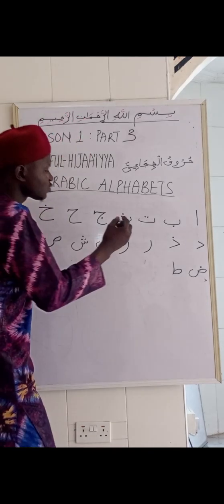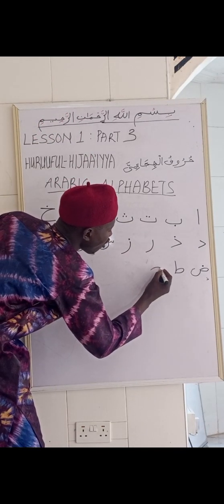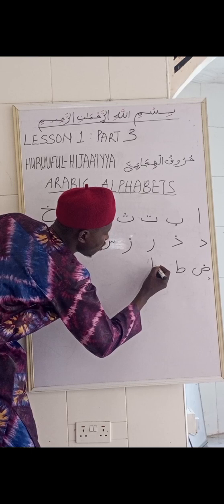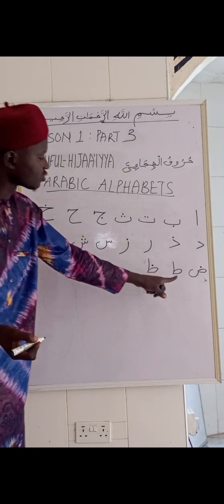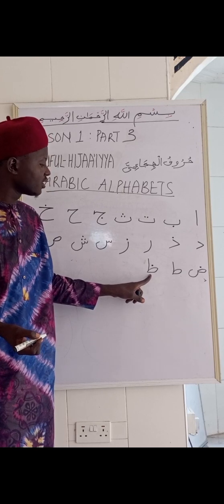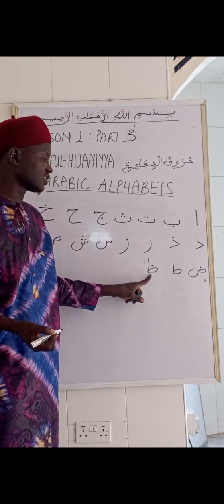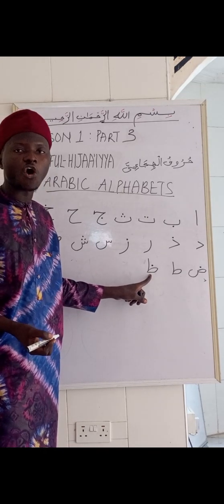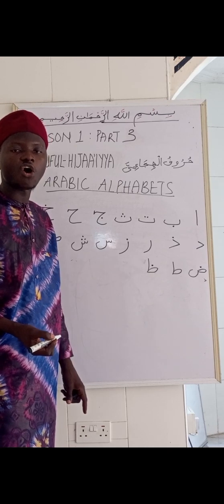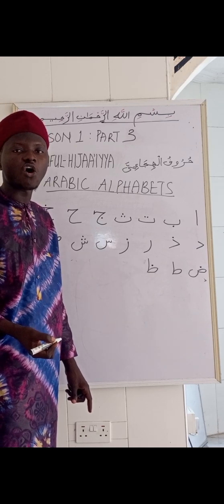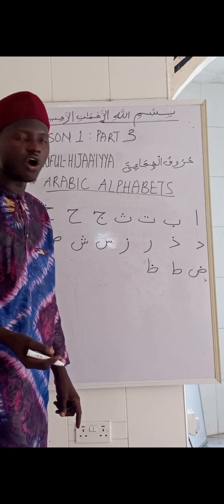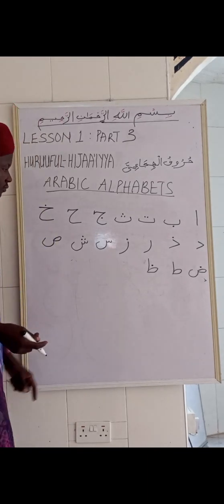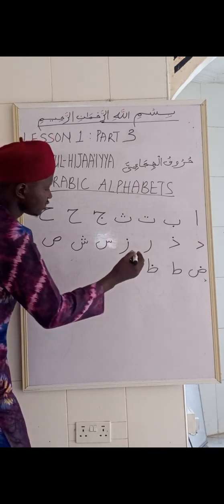So the next one is what? Za. The only difference between ta and za is what? A single dot at the top. Za. Okay? The next one is what?